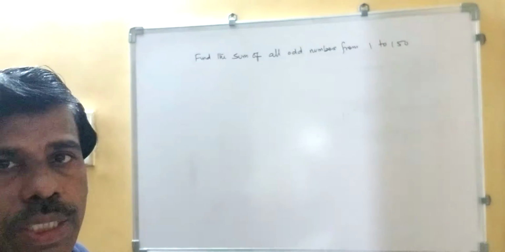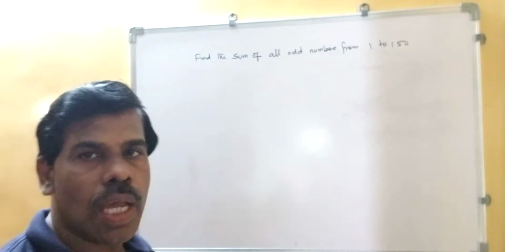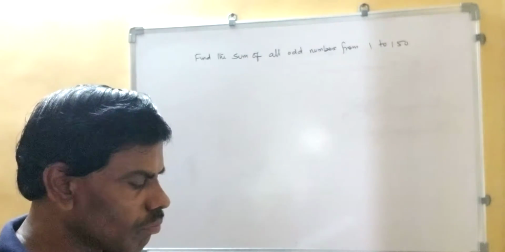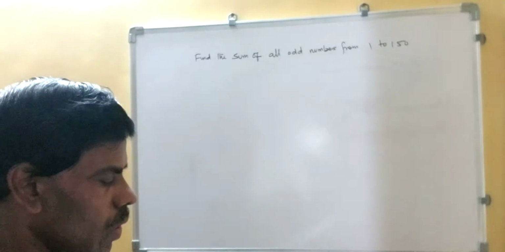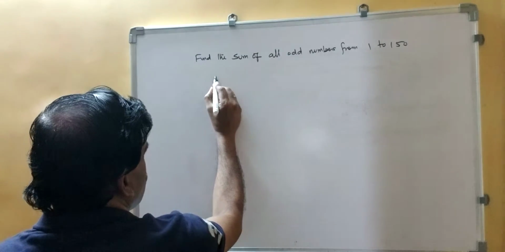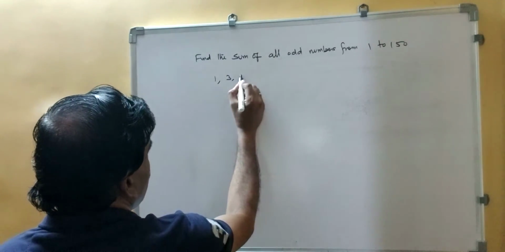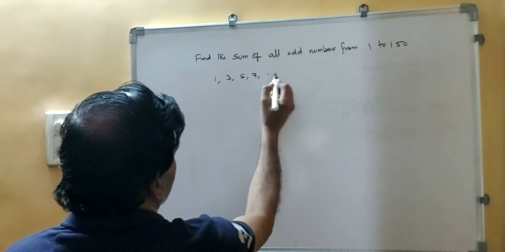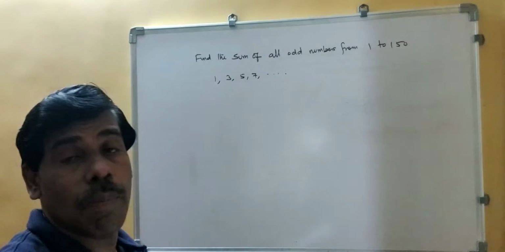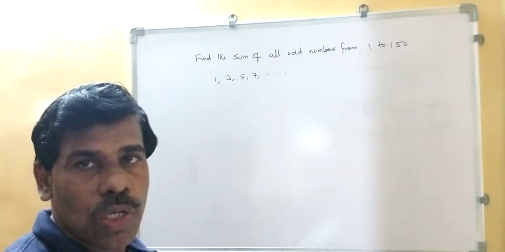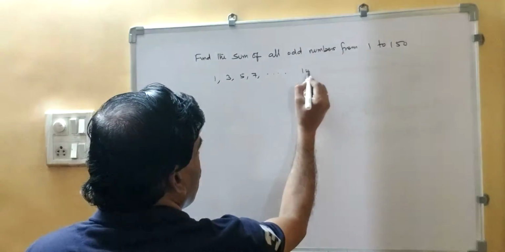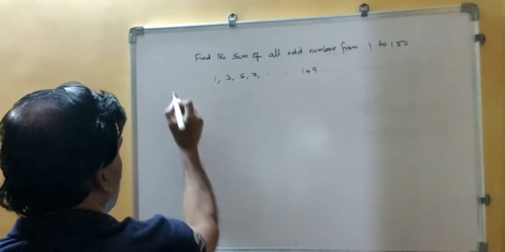Now look at this. What are the odd numbers from 1 to 150? That means the first odd number is 1, 3, 5, 7, etc. What will be the last odd number from 1 to 150? 149.